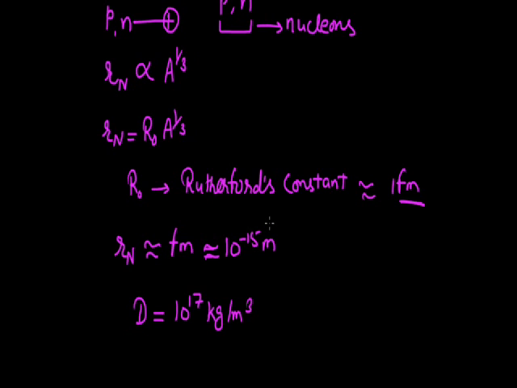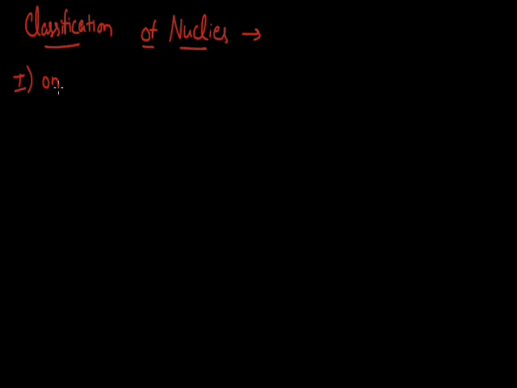Now, if we go for the classification of the nucleus, this classification can be done on different bases. The very first basis is the number of protons and neutrons present in an atom.